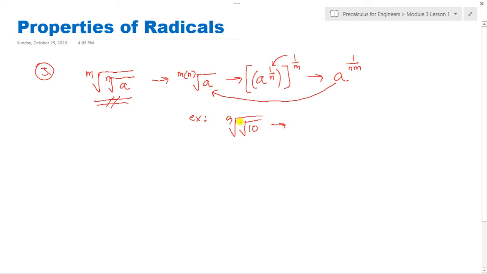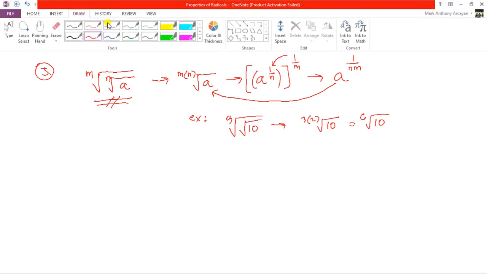So here, automatic na siya class na may 2 dito. Kapag square root, 2 agad yung index. So we have here 3 times 2 root of 10. This is simply equal to 6th root of 10. So ganun lang yung ating fifth rule of our radical expression.